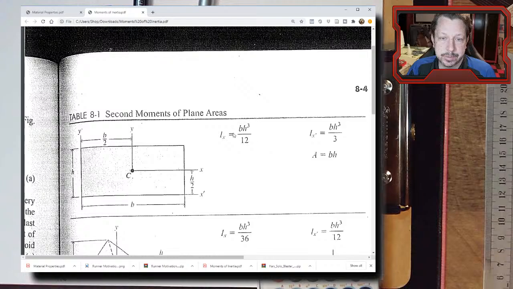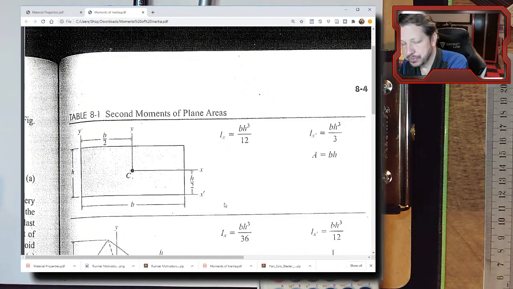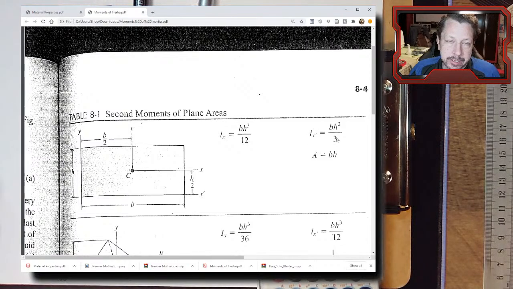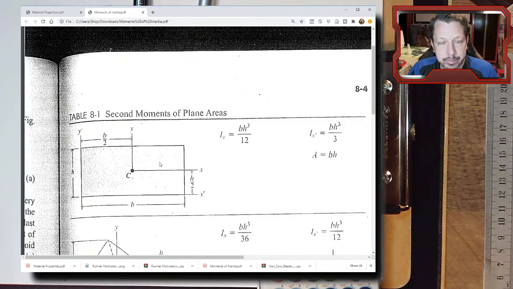You took bh cubed over 12 and then moved that down to the bottom of the rectangle in this case. So this bh cubed over 3 was actually created by using the parallel axis theorem, with h over 2 being the distance, the y value. That's the tricky thing with the x prime. You cannot apply the parallel axis theorem to it. You can only apply the parallel axis theorem to the equations that are at the centroid of the primitive shape.